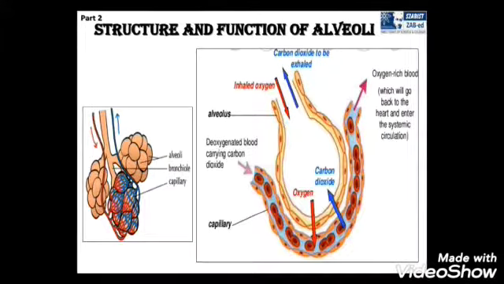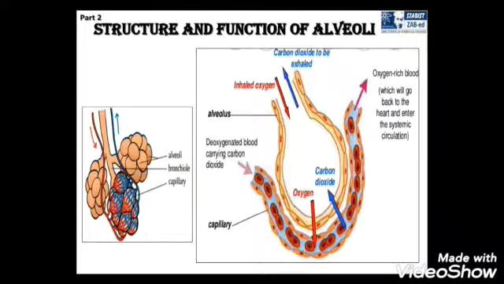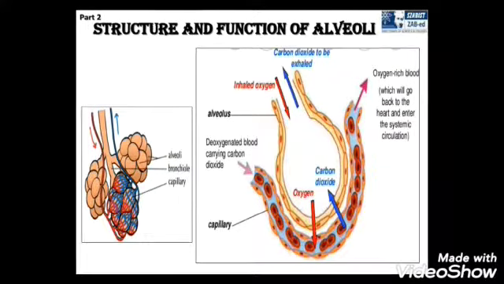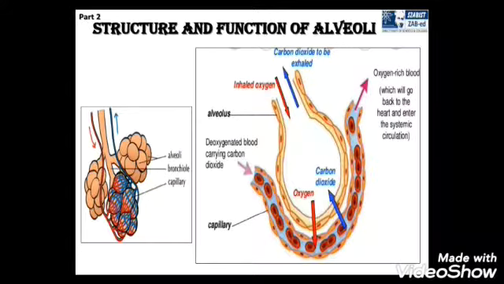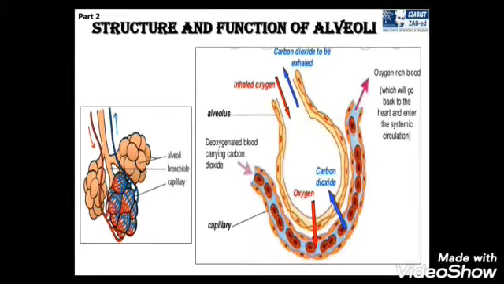Meanwhile, the blue arrow shows the carbon dioxide from the blood capillary entering the alveolus through its wall and being removed from the body by the process of exhalation. Let's see the process from the beginning.